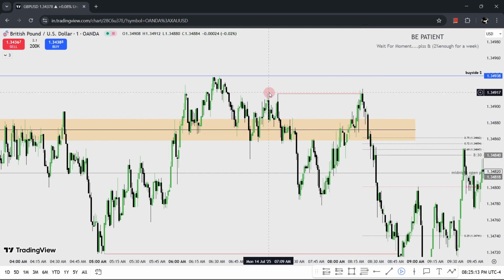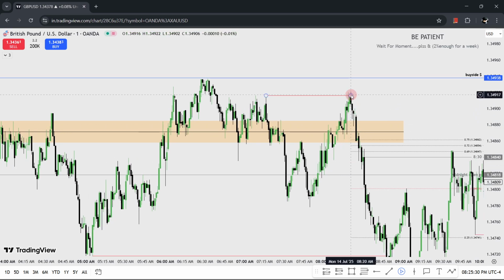So the main important thing that I want to tell you is always note the high and the low after 7, between 7 and 8:30. And I think the 8:30 starts here. The basic thing is mark the high and low after 7 o'clock.